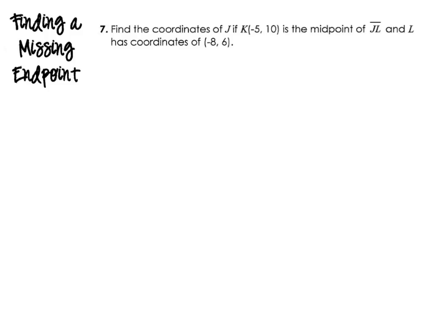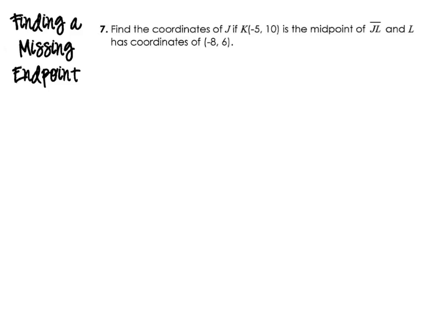All right, here's where it gets a little bit tricky, so I highly recommend you pay close attention to these next few examples. Number 7, we want to find a missing endpoint. So we want to find the coordinates of J if we're given that K is the midpoint of JL, and L has the coordinates of negative 8, 6.